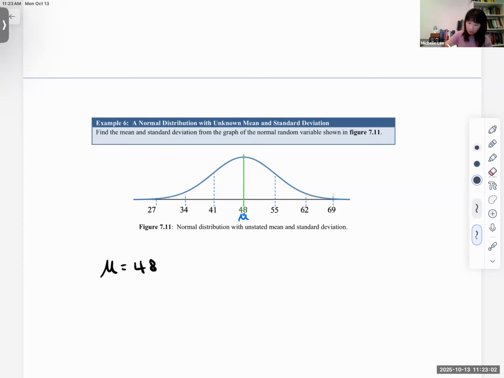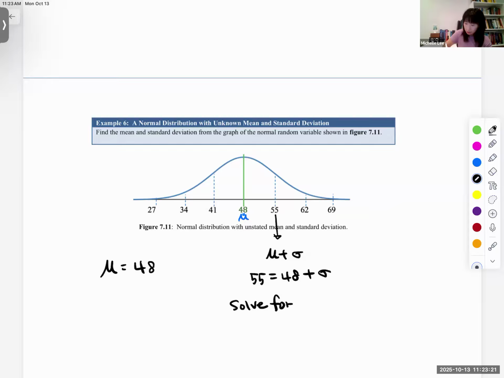So we knew this is mu plus sigma, so that will be 55 equal to mu, 48, plus sigma. Then we need to solve for sigma, right? So we subtract 48 from both sides. Then what do you get?